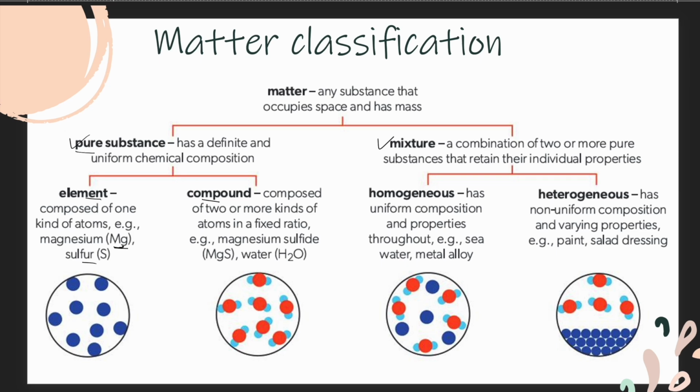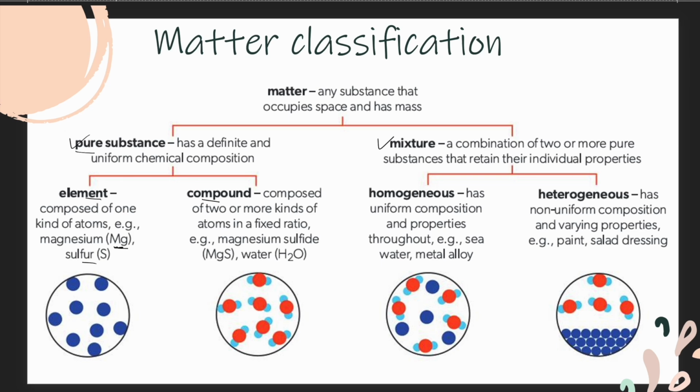And when Mg is combined with other elements, for example oxygen and hydrogen, it becomes magnesium hydroxide, right? So it's called a compound. Compounds are two or more elements in a fixed ratio by mass, and their properties are very different from their elements.